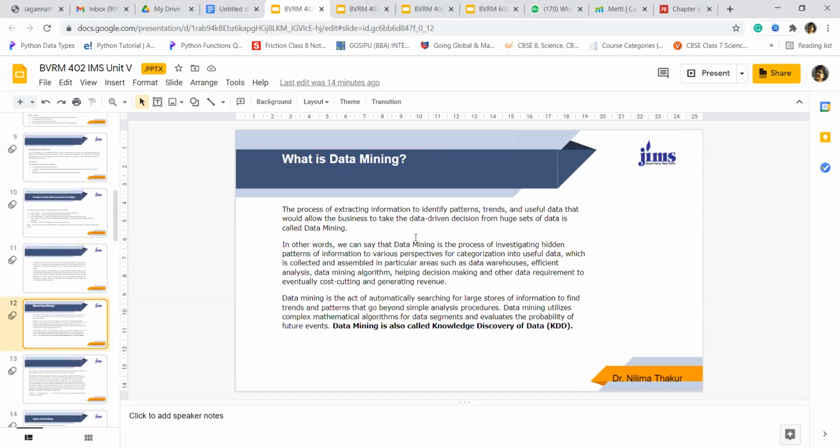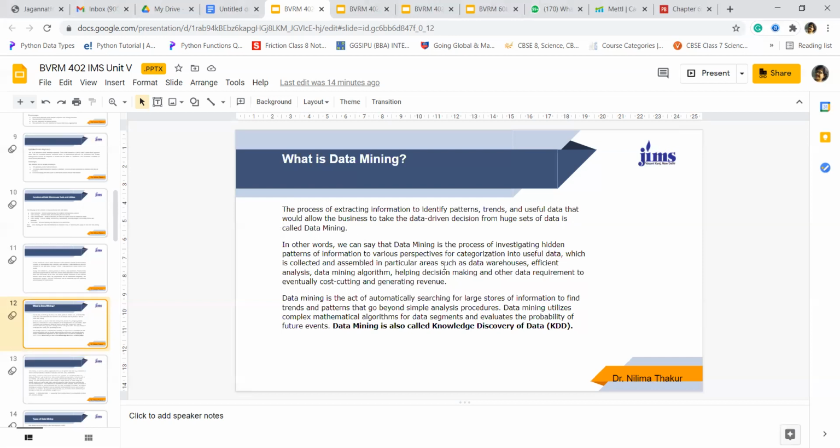What is data mining? The process of extracting information to identify patterns, trends, and useful data that would allow the business to take data-driven decisions from huge sets of data is called data mining.